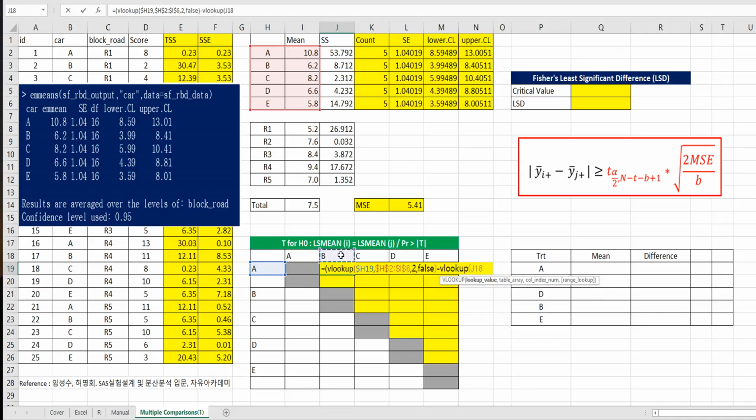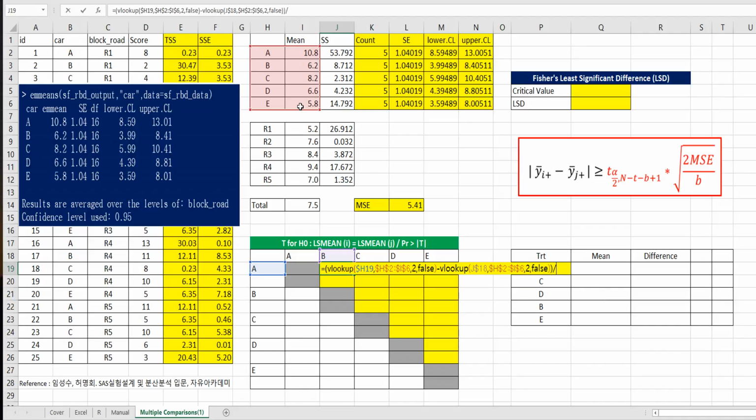Select B. In this case, we need to fix the row, because we want to apply this formula to other rows. And comma, table array again. Press F4, comma 2 and first.